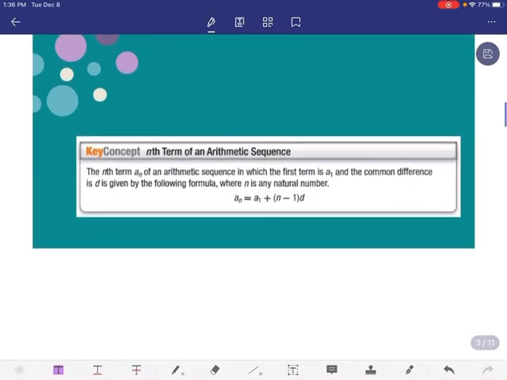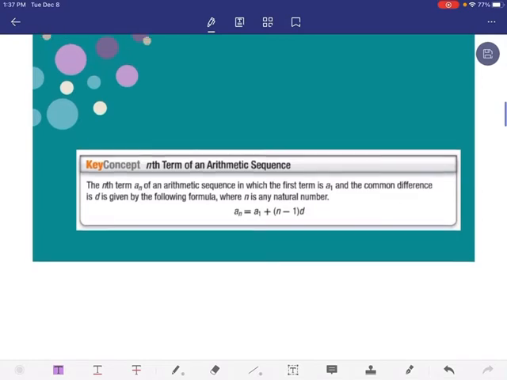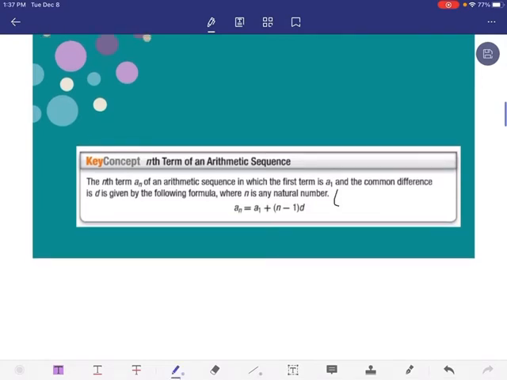Now, in general, if we want to find a specific number, like the 12th term, or the 100th term, or the 80th term, we can use this formula that we have here. It says the nth term, a sub n. So it is a subscript. Instead of a superscript, like our exponents, it's a subscript, which means slightly below, of an arithmetic sequence in which the first term, a sub 1, and the common difference, d, is given by the following formula, where n is any natural number.